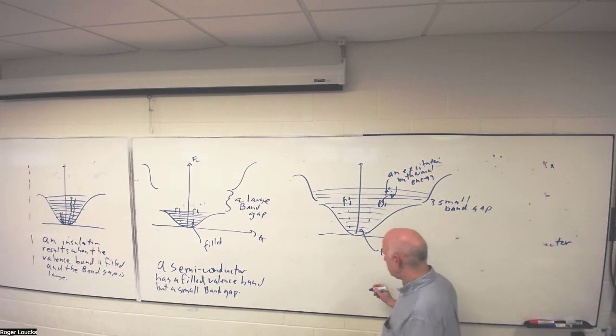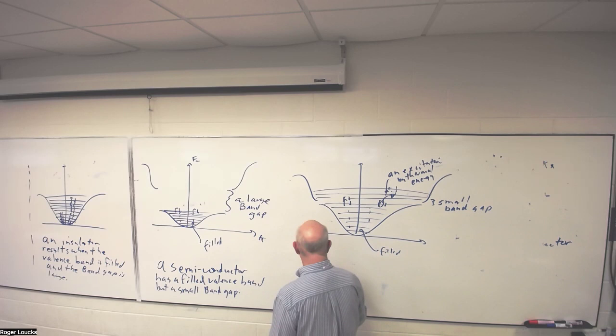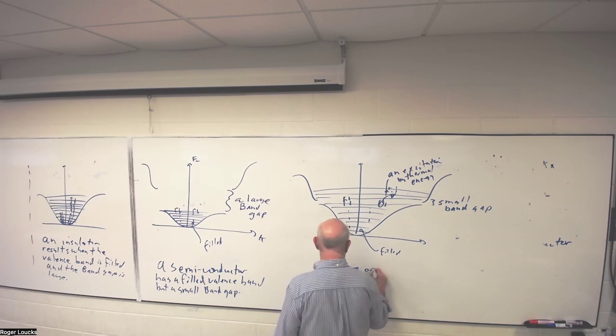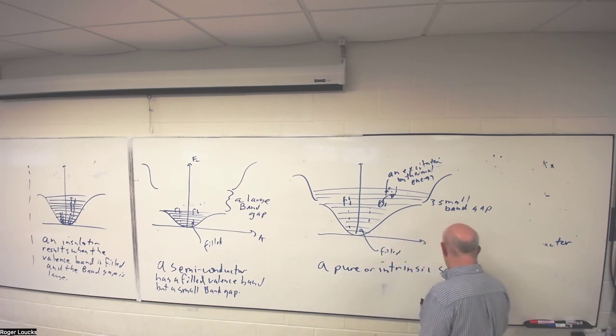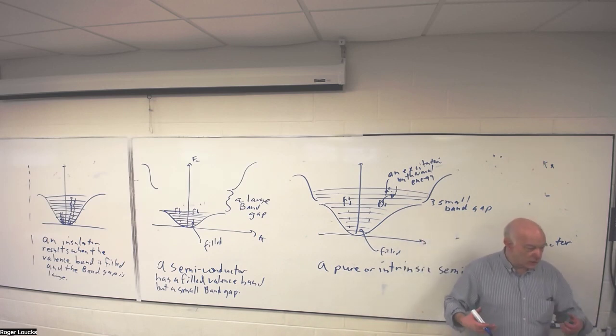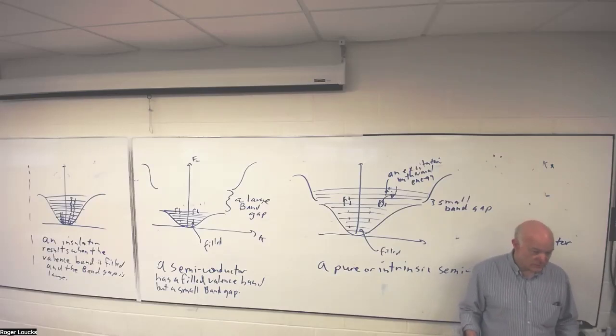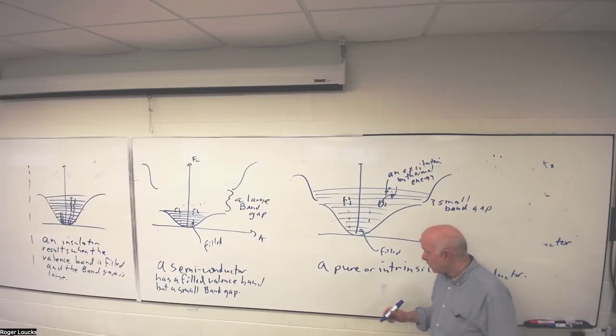Now, this right here would be a pure, or intrinsic, semiconductor. If you want a practical device, what do you have to do to these things? Add impurities. You have to add impurities, and that's always what doing.